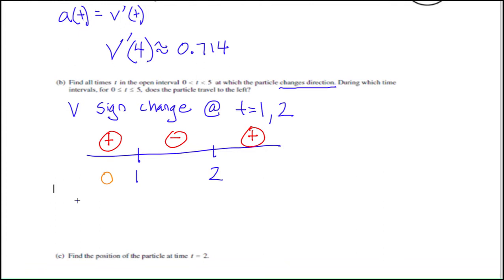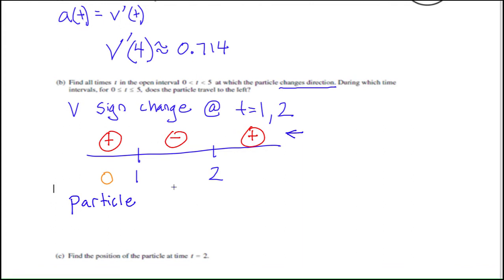Say that at 1, it goes from positive to negative, but at 2, it goes from negative to negative. Would that mean that the v sign change would be at t equals 1?